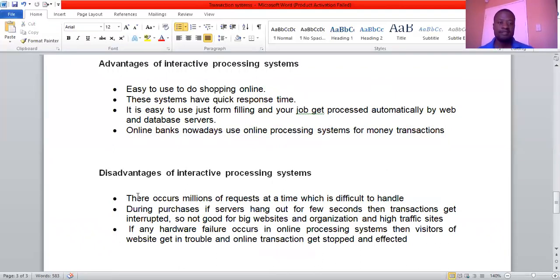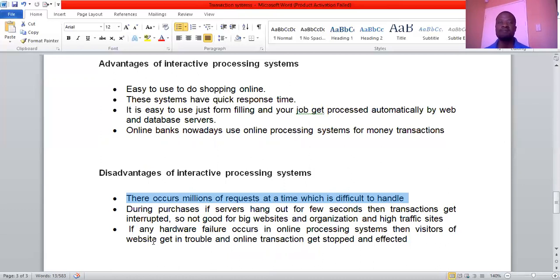Now let's look at the disadvantages. Millions of requests occur at a time, which is difficult to handle. If your system is receiving millions of requests, and everyone wants things to be processed, you flood the system with requests.